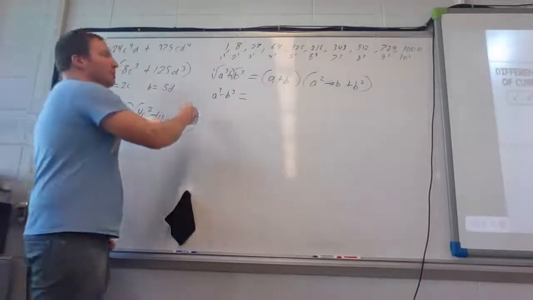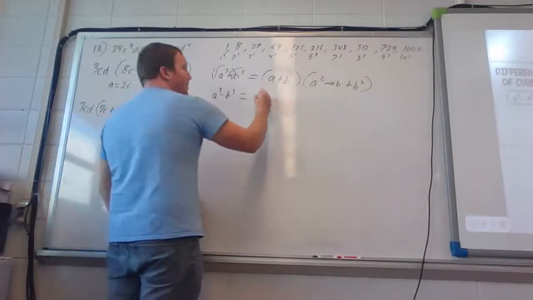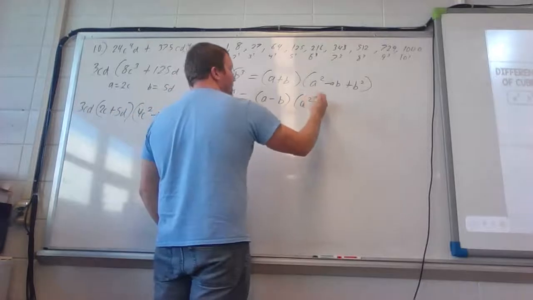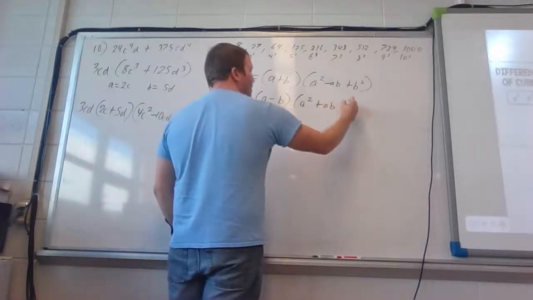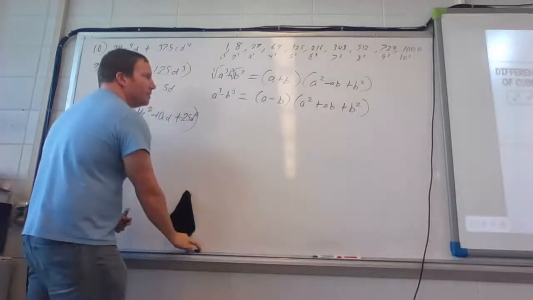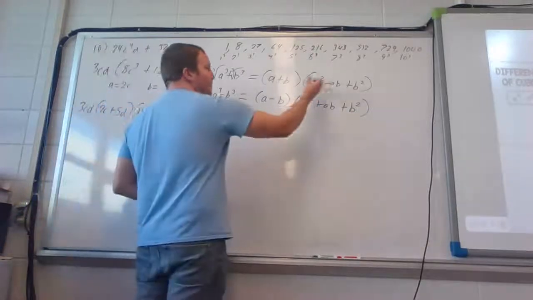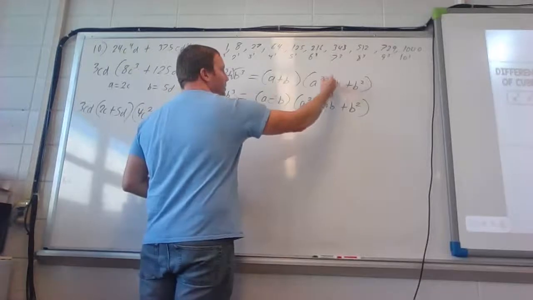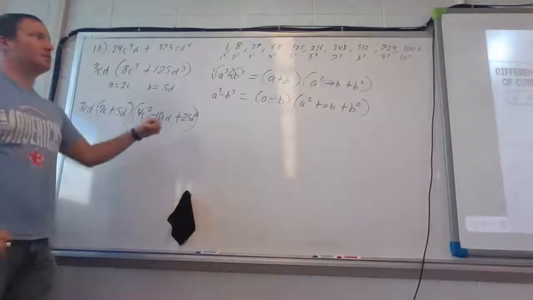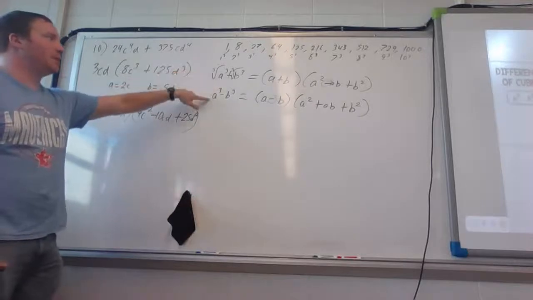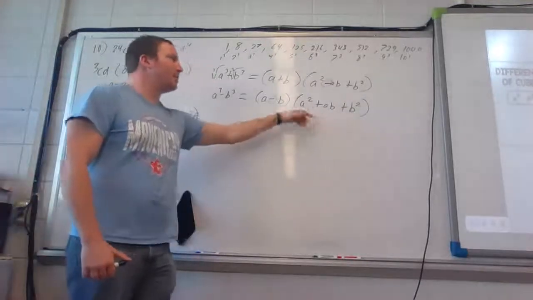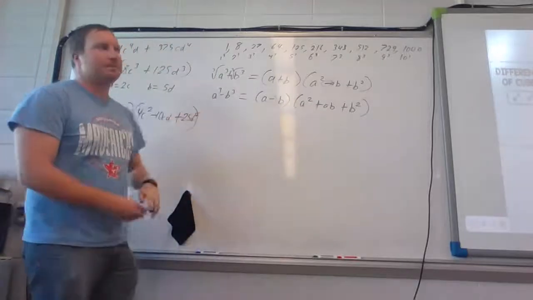Again, when you take the cube root of both of those, this time our formula is going to be a minus b times a squared plus ab plus b squared. So really the only thing that changes is where our negative is at. Our negative's here rather than here. So that's the difference between our sum and our difference of cubes. Same formula, other than we shift where our negative is at.